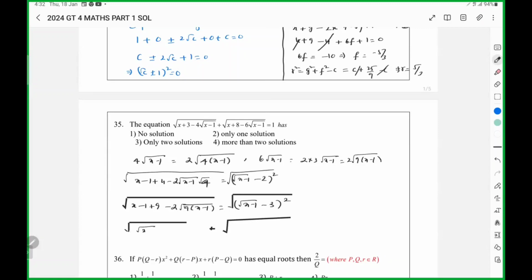One is root x minus 1 minus 3 whole square, and root x minus 1 minus 2 whole square. Suppose you consider it as minus of root x minus 1 minus 3 plus root x minus 1 minus 2, then you will have 1.